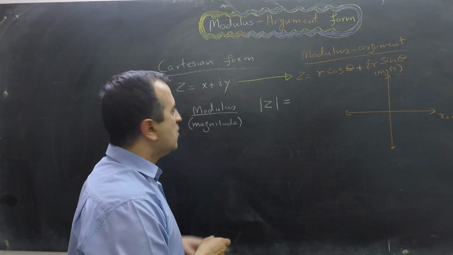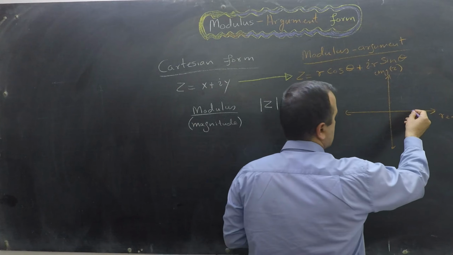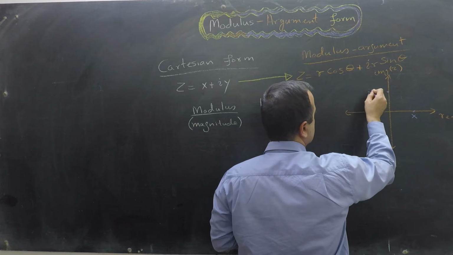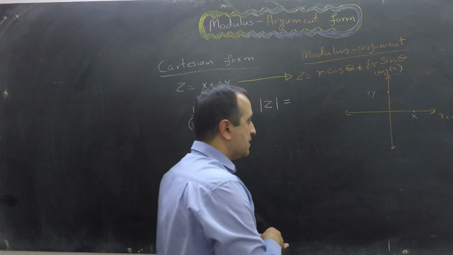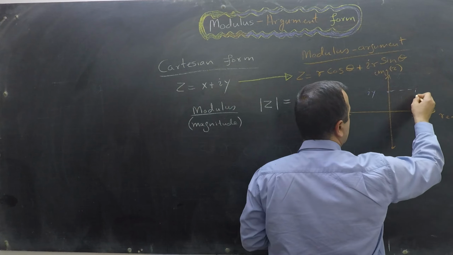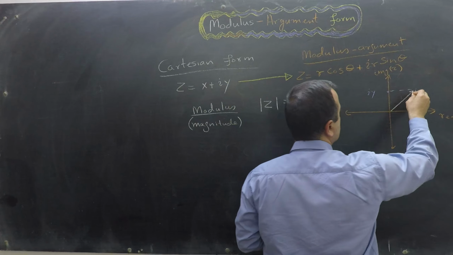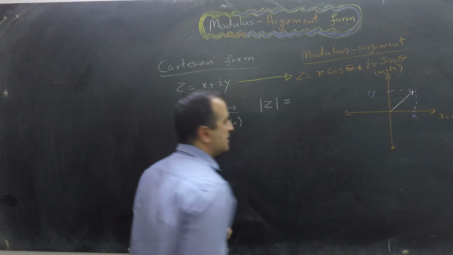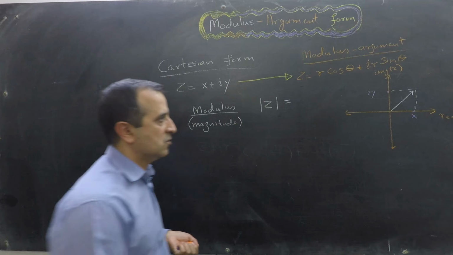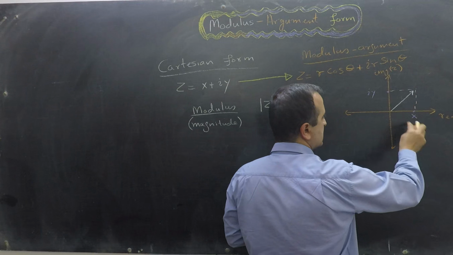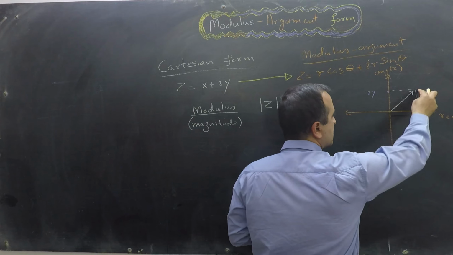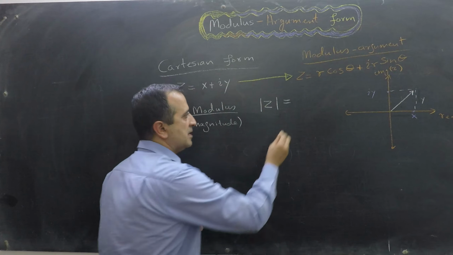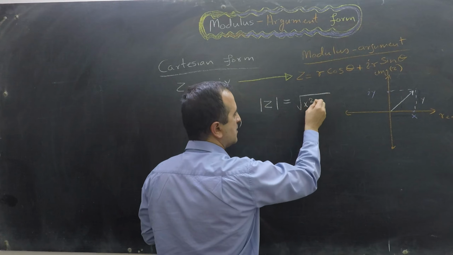So now, let's say my x is here and my iota y is here, then my position vector, if I take the magnitude of this position vector, then that magnitude is the modulus. Because this length is x and this length is y, the magnitude of the position vector by the Pythagoras theorem will be equal to the square root of x square plus y square.